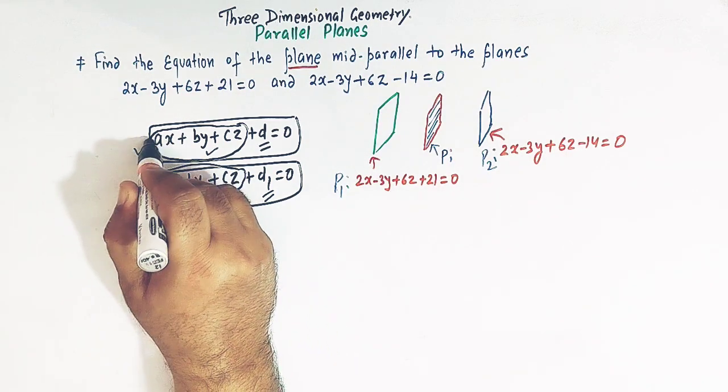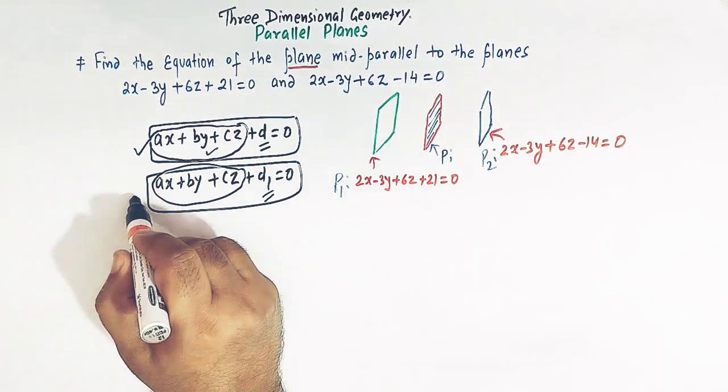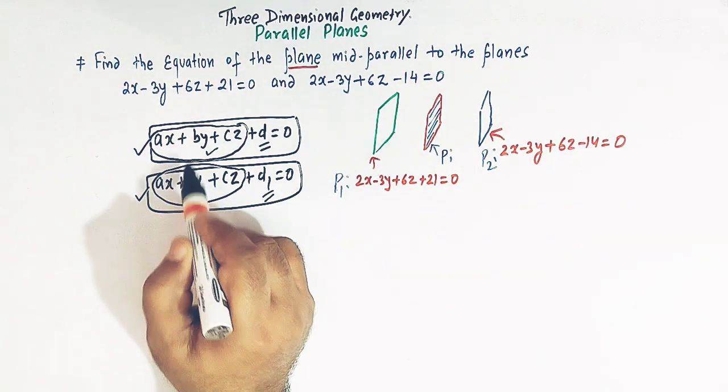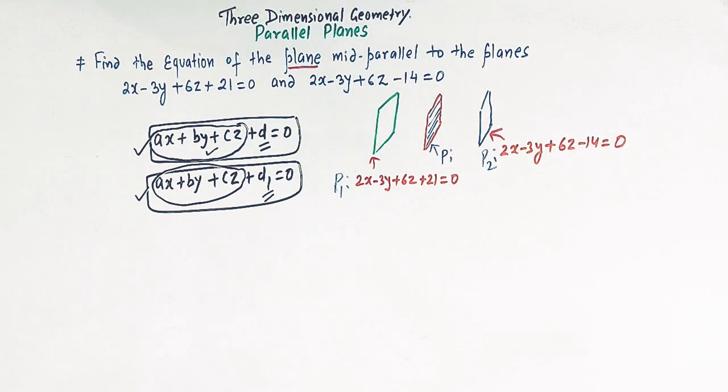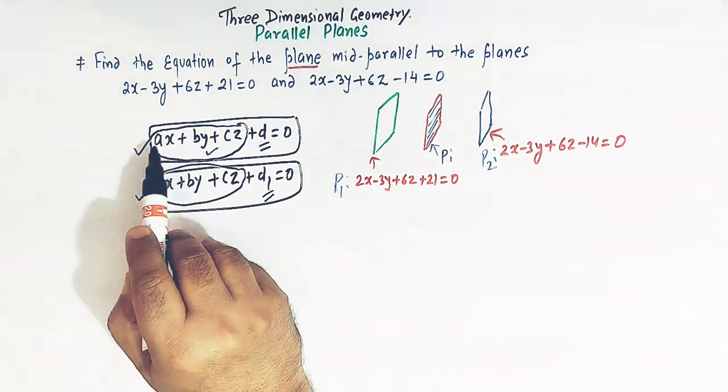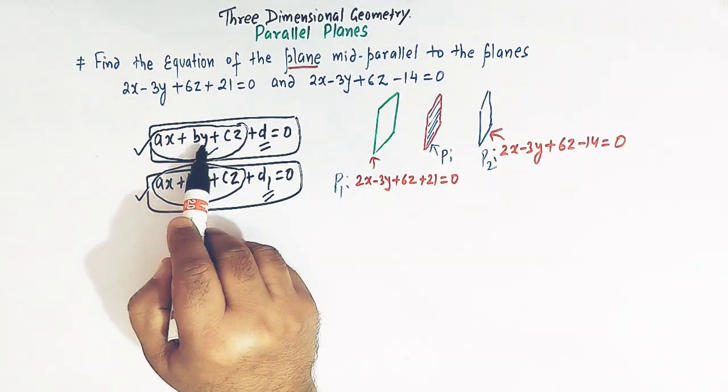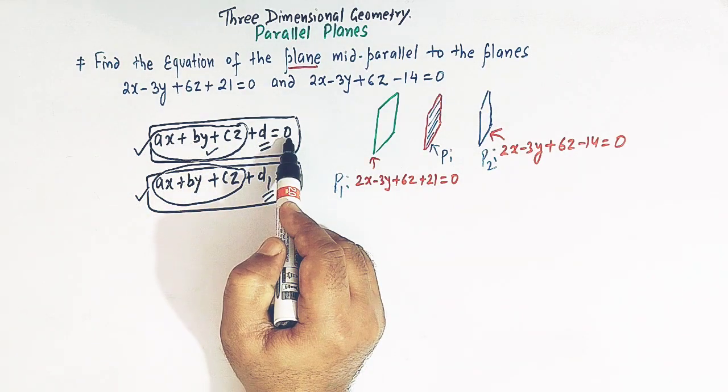So this is some plane and this is some other plane, but these two planes are parallel to each other, right? So always remember that any plane is expressed like this, ax plus by plus cz plus d is equal to 0.